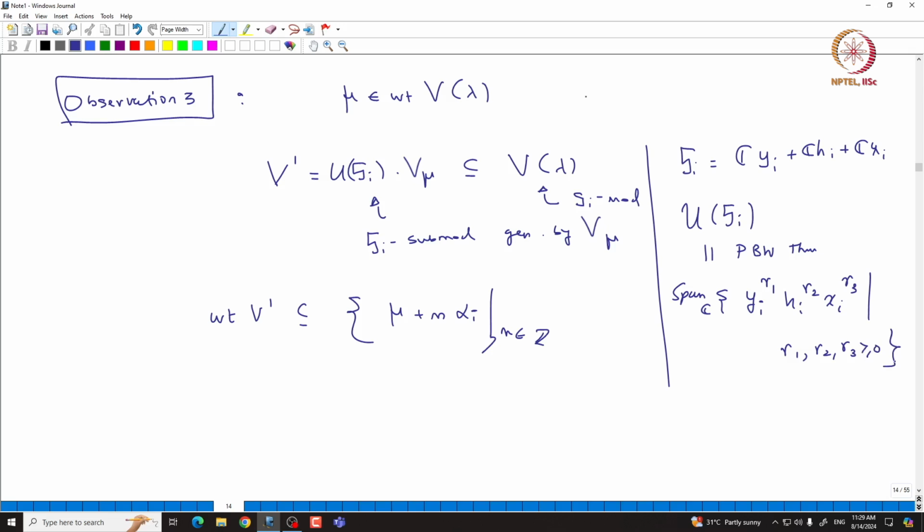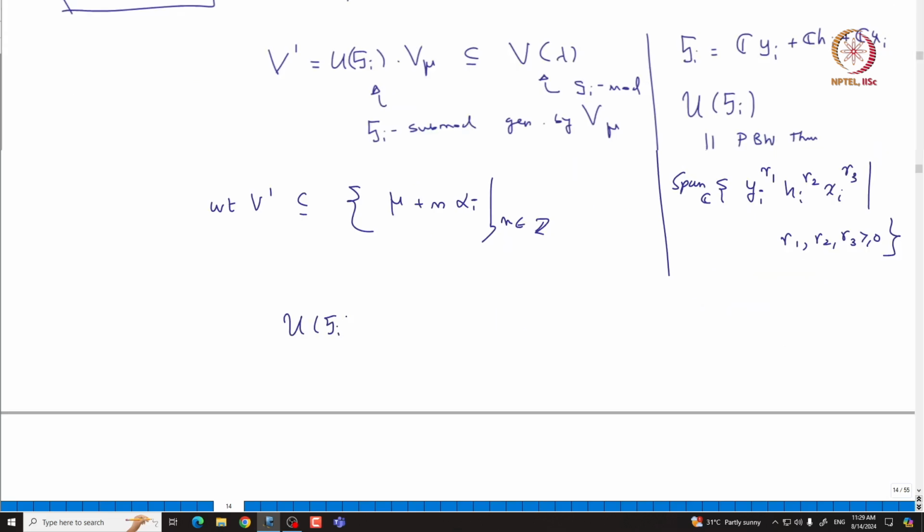So, from this PBW type basis of U(s_i), the module generated by V_mu is obtained as the span of: you take a typical PBW type basis element and apply it on this V_mu, then we get the spanning set.